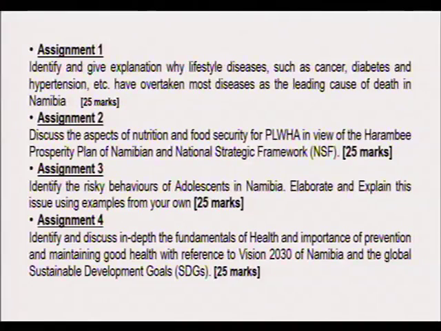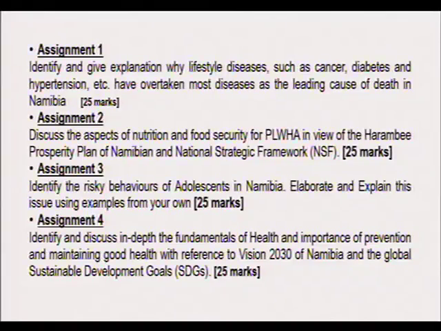The first assignment that we're going to look at is to identify and look at the different lifestyle diseases. The first thing expected from you is to explain and define what a lifestyle disease is. And if you are going to explain and define it, you have to give details and examples of what lifestyle diseases are. Then number 2 is to explain how people get these lifestyle diseases.